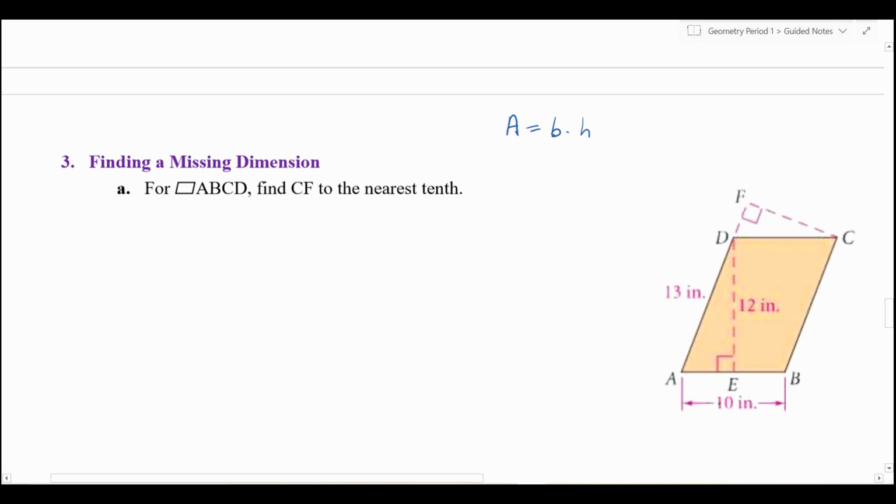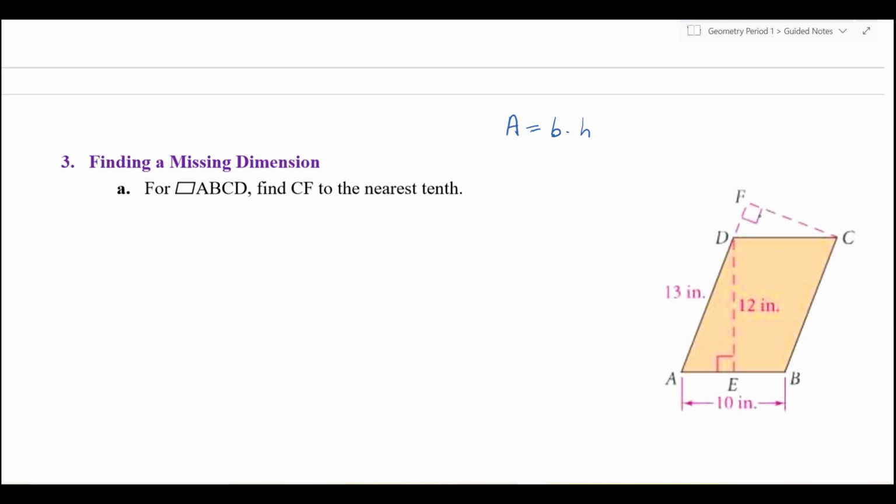Well, I know that this is 10, and if ABCD is a parallelogram, if this is 10, so is this. But I don't know what DF is, and there is nothing here that I can use to find it, so I really don't know how I can do that, right?